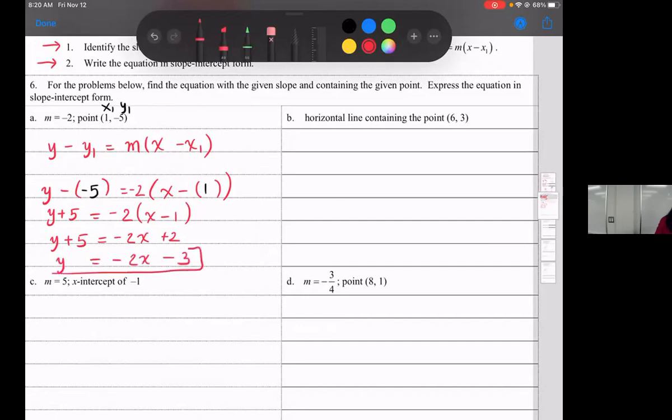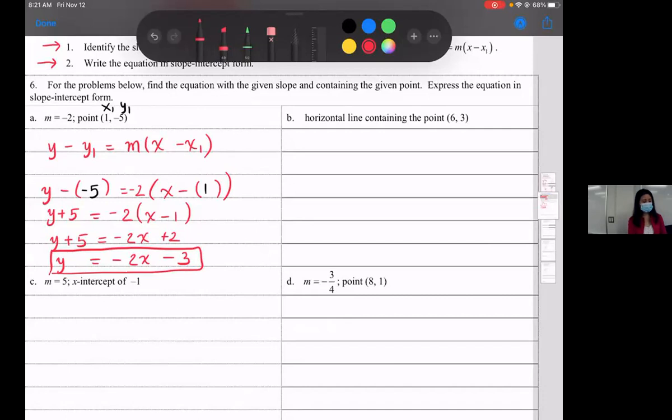I didn't show the step where I subtract. Is that okay? These are what you can have. Let's do D first.